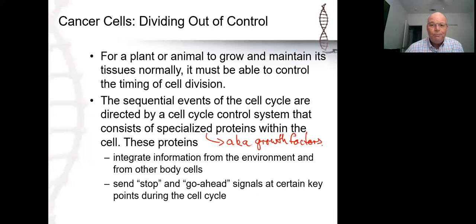These molecules are really, really powerful. They can override the normal programming of the cell and force it to move to a stage in the cell cycle that it was probably not going to get to for some time. And in so doing, it skips over the intervening stages.